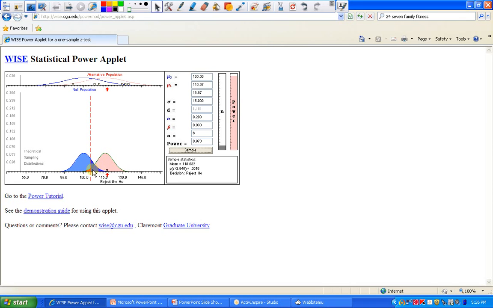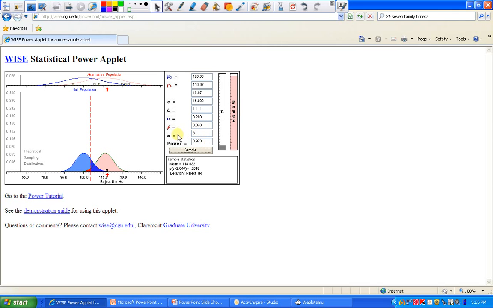All of this stuff I'm rejecting, okay? Which in this case is good because our H0 is not true. So notice that when alpha goes up, beta went down. We mentioned that earlier. As alpha goes up, beta goes down. And as beta goes down, power goes up.